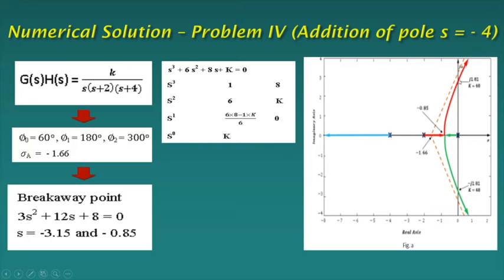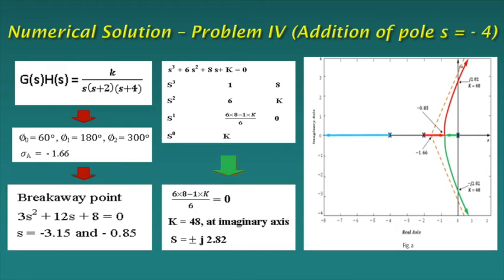Then find the crossing point of the imaginary axis. Using the characteristic equation, we get s to the power 3 plus 6s square plus 8s plus k equal to 0. Using Routh, we get this equation. If this is equal to 0, then we get k equal to 48. Taking the upper equation as the auxiliary equation, that means 6s square plus k equal to 0.